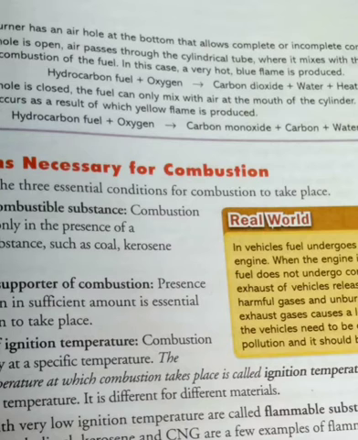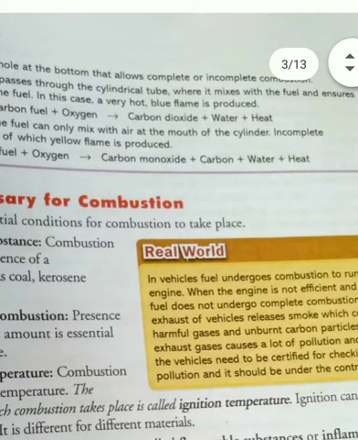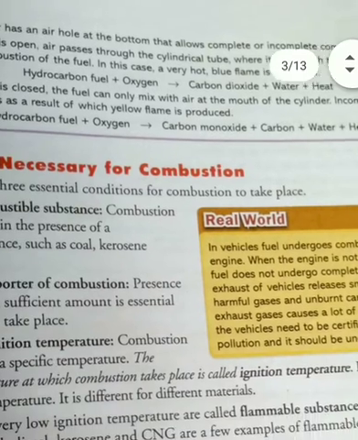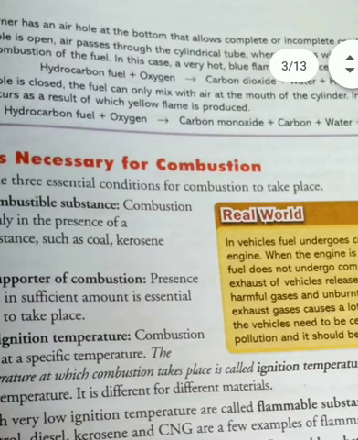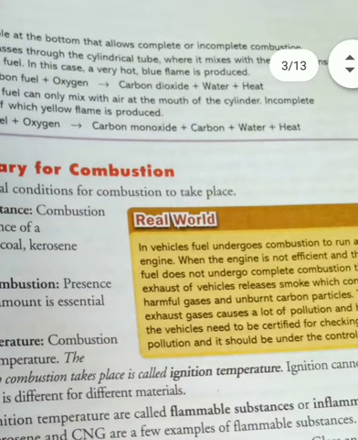Whenever such fuels are burned in the presence of oxygen, they give carbon dioxide, water and heat. And whenever hydrocarbon fuels are burned with an insufficient supply of oxygen, they will form carbon monoxide, carbon, along with water and heat.